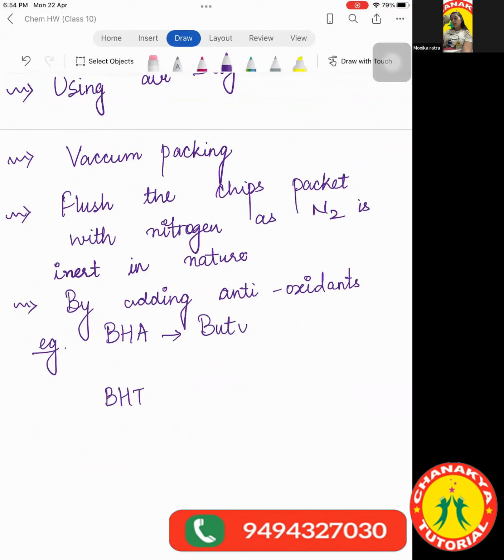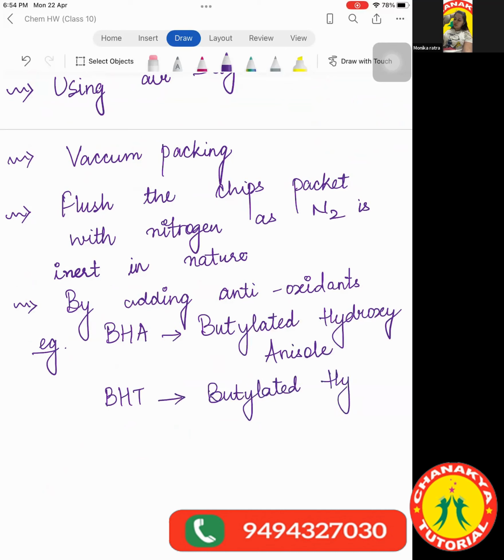It is butylated hydroxy anisole. That's a compound. This is butylated hydroxy toluene.